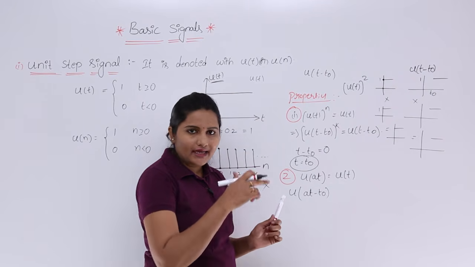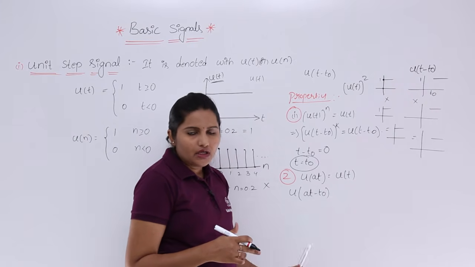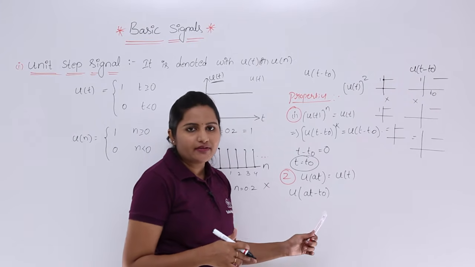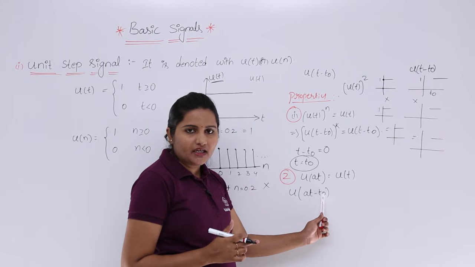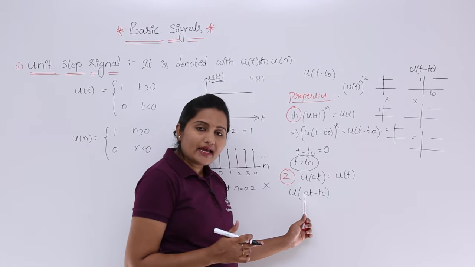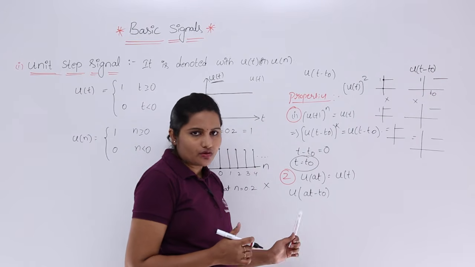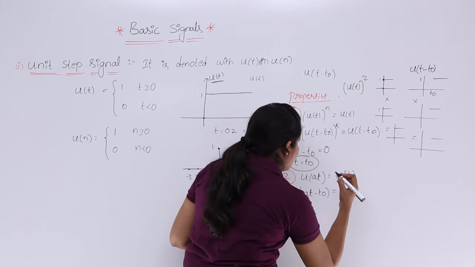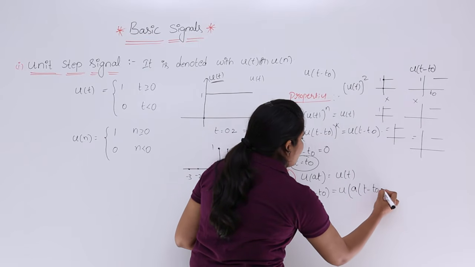You need to take the common factor, you need to apply this value to the shifting value, then only you can shift or scale the values. Whenever a signal has scaling and shifting in time, you need to apply this scaling factor to the shift also, directly you can't do. So for that I need to take common: a into t minus t naught by a.